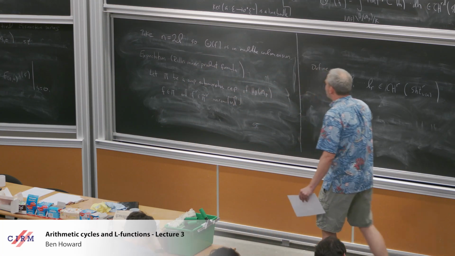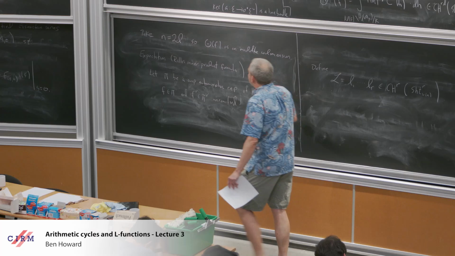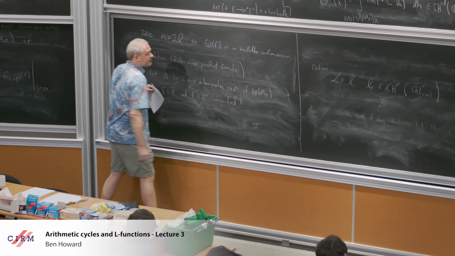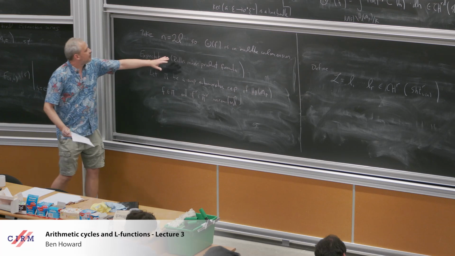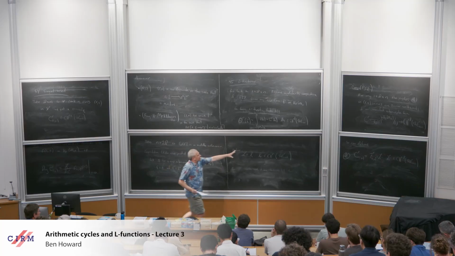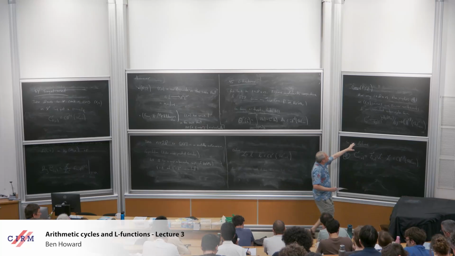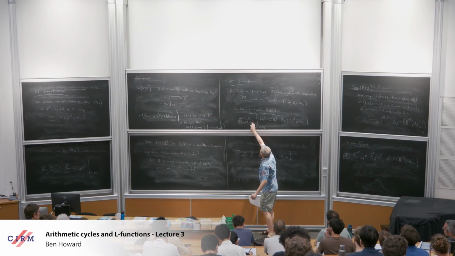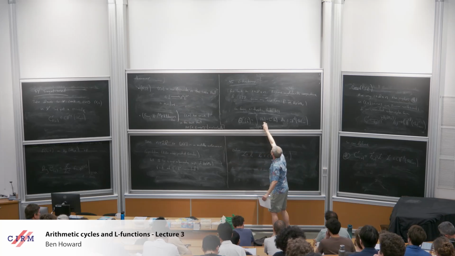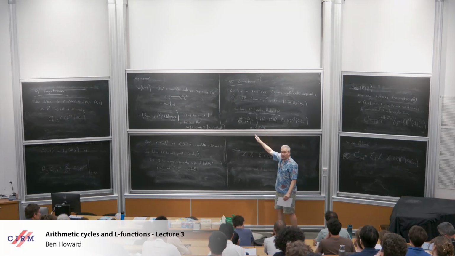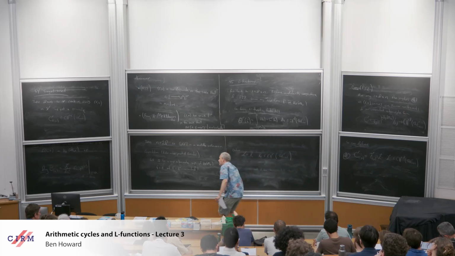Fix a d, let pi be a cuspidal automorphic representation of this quasi-split unitary group. Then take n equals 2d and form the Feng-Yun-Zhang generating series. And then take the Petersson inner product between these two cusp forms and the Feng-Yun-Zhang generating series to get two classes in the Chow group.